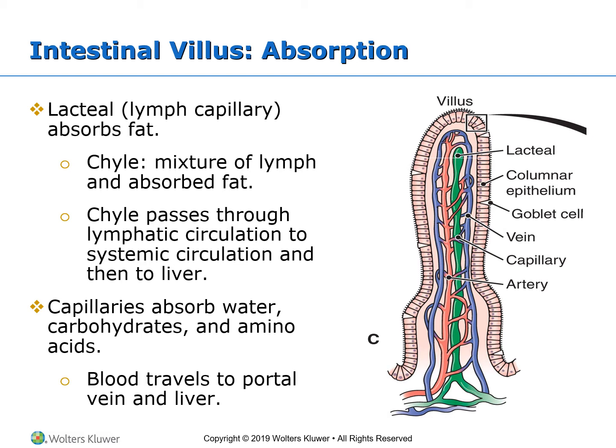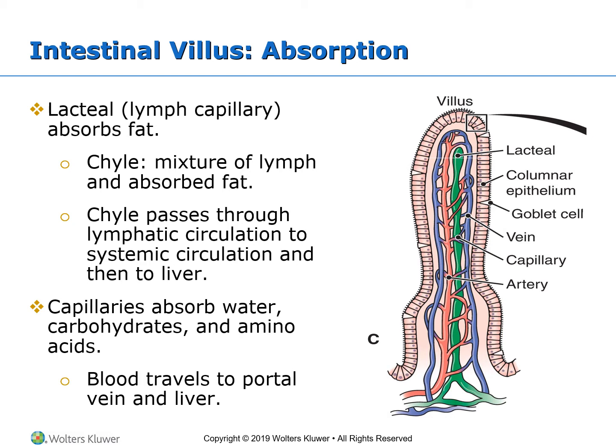It's another adaptation to the function, to make sure that the high quantity of absorption will happen at the level of the small intestine. Each of the epithelial cells of the villi will have an even increased area of absorption by projecting outside some folds that are called microvilli, and those will increase the ability of absorption even more.